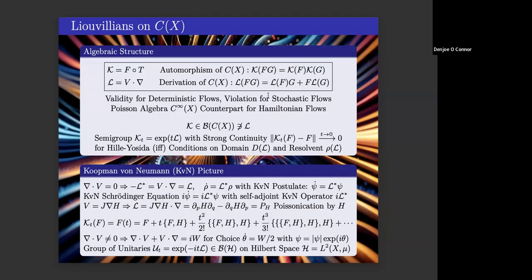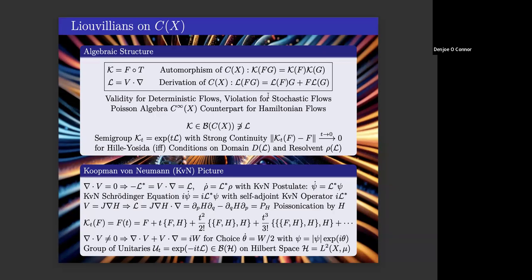So the point now is that the Koopman and the Liouvillian are both linear operators, as we saw, but the Koopman is a bounded operator, whereas in general the Liouvillian is not. There can be unbounded generators. And so you need this whole functional analysis semigroup theory, right?